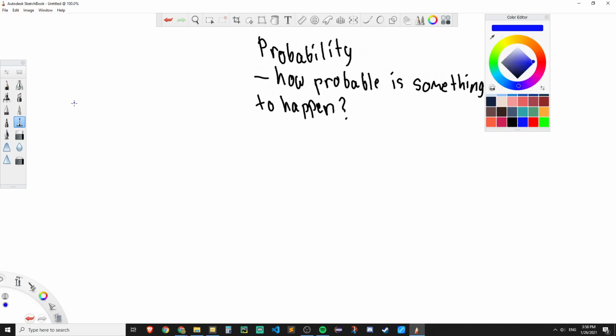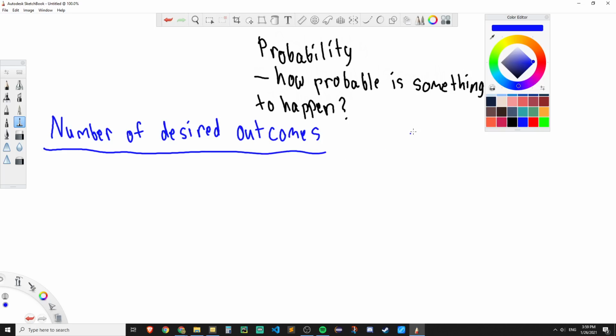So the definition in mathematical terms is number of desired outcomes over this big thing over number of total outcomes, like that.